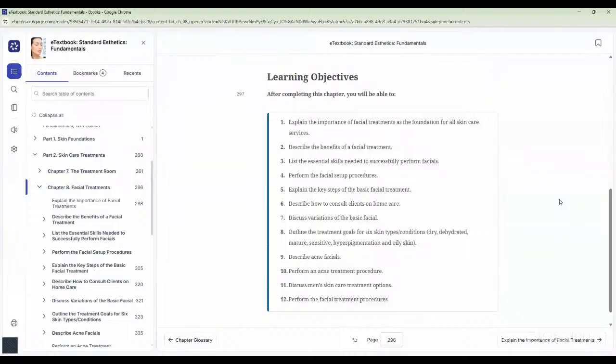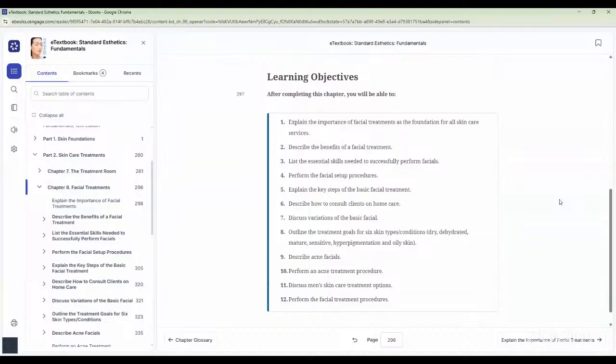Why are you telling someone that they need a facial? You're not going to give me the benefits. Tell me why I need the facial. So I need at least 3 of them memorized. And then number 3, list the essential skills needed to successfully perform facials. What do you need to be successful? Number 4, perform the facial setup procedures. Your setup procedure is going to set you up for a great service.